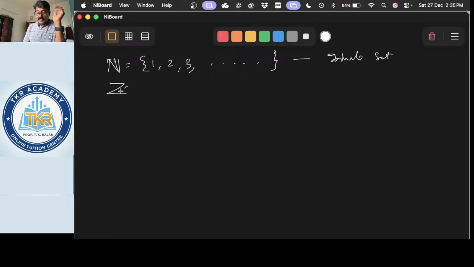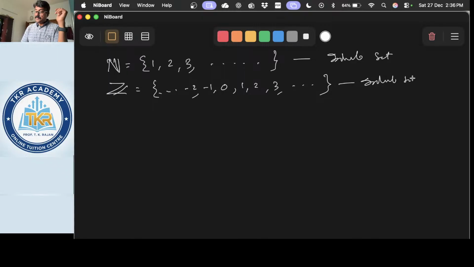The set of all integers: 0, 1, 2, 3, etc., and similarly minus 1, minus 2, etc. to the left side. This is the way we write the set of integers, negative integers and positive integers. So this set is an infinite set. The set of natural numbers is an infinite set.